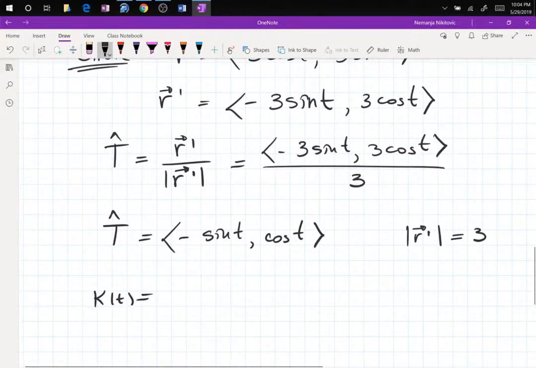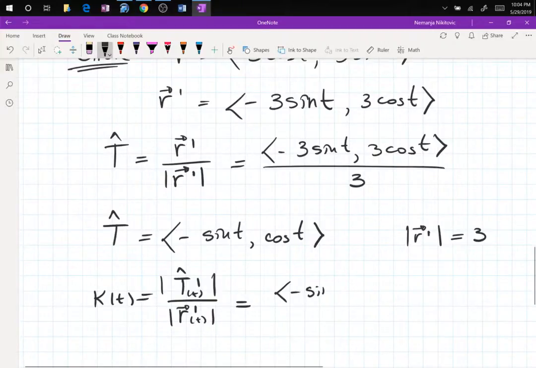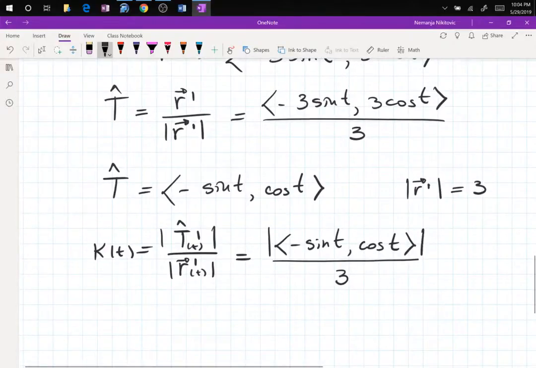Curvature is the derivative of the unit tangent vector, the magnitude of that, divided by the magnitude of r prime of t. So I have negative sine t, cosine t divided by 3. Oh, there is a magnitude over there. So 1 over 3, because when you square negative sine, you get sine squared plus cosine squared.